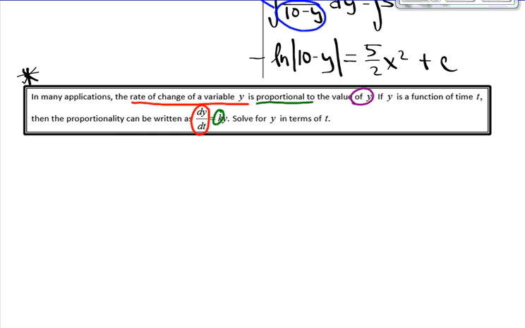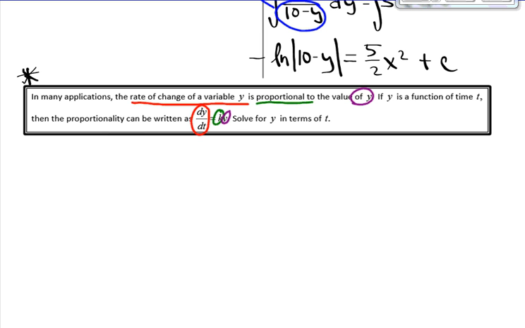So typically the k will represent some constant of proportionality. And then of y is that piece there. So we have dy dt equals k times y. That's what that means in mathematical terms. If I say the rate of change of a variable y is proportional to the value of y, then we have dy dt equals ky.